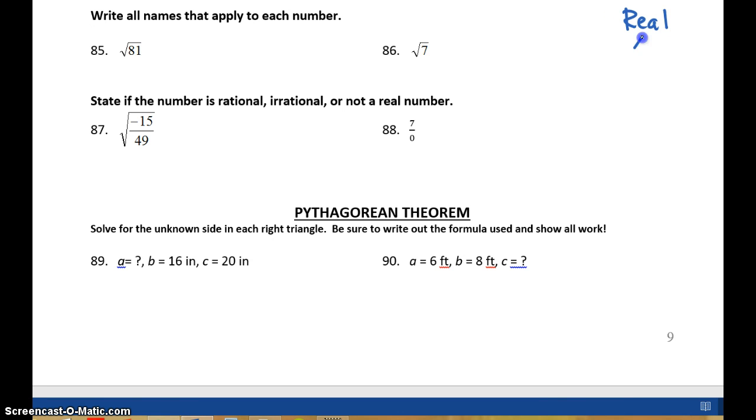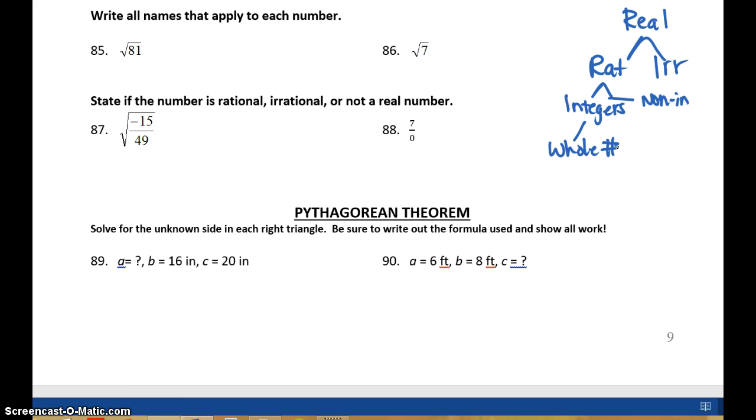Real, rational numbers, irrational numbers. And once we get to irrational, we stop. Integers. Non-integers. And then into integers, we have whole numbers.